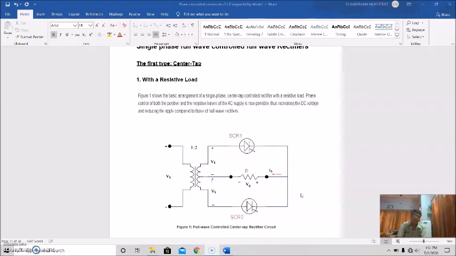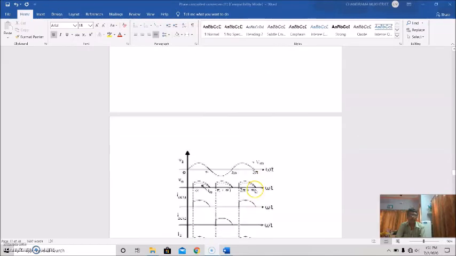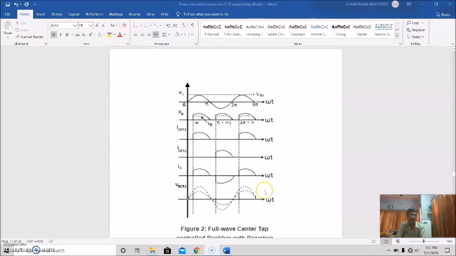See, this is for the positive half. This is again for the negative half. So this is a resistive load. This is resistor 1, this is resistor 2, and this is the load current. Okay, so let us discuss its waveform. The waveform will be like this.